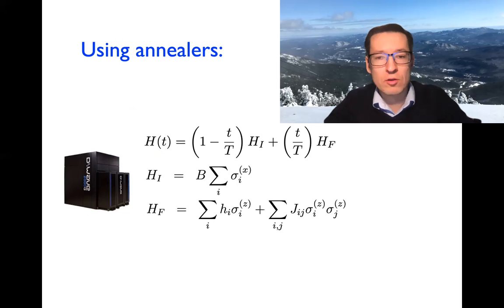And then the final Hamiltonian is also of Ising type, where there's a linear part in which each qubit experiences a local Z magnetic field, and then there are ways to couple the Z components of the qubits with these J terms. Finding the lowest eigenstate of the final Hamiltonian is not an easy task because you need to essentially flip all the qubits' Z orientations up and down in order to search for the lowest state.